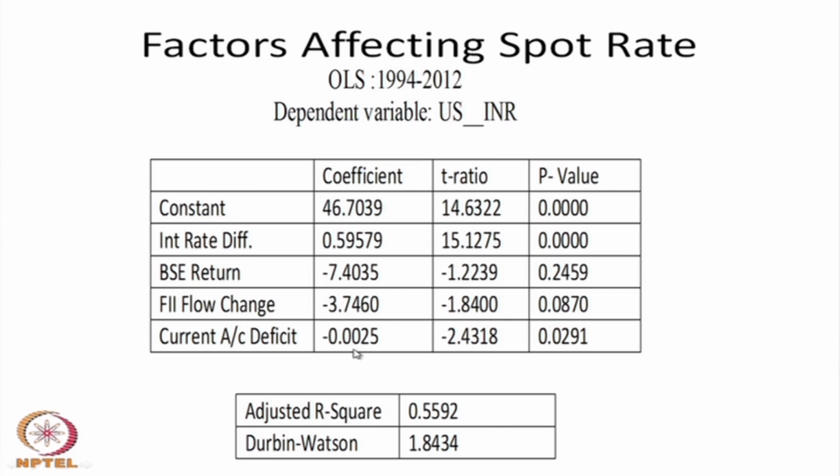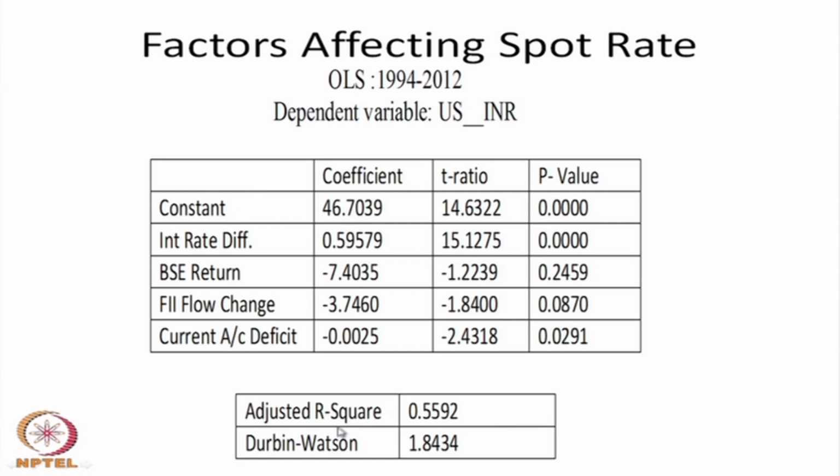The current account deficit also has a negative sign and is also significant. If the current account deficit is less, the rupee value appreciates; if it is more, the rupee value will depreciate. This also influences the regression line, and it is significant if you see the p value.